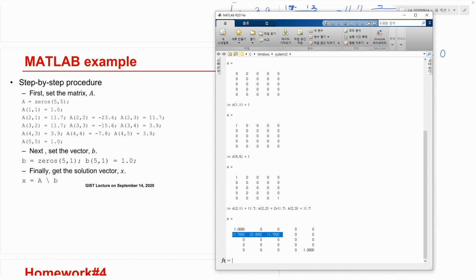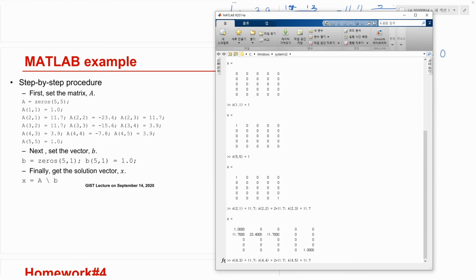Then how about going to the fourth one, 4,3 and 4,4 and 4,5, corresponding to just silicon dioxide.